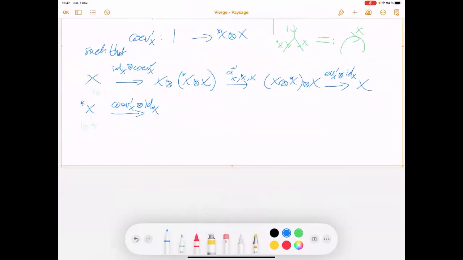So here, this is star x tensor x tensor star x. The associativity constraint, star x star x, like that, tensor x tensor star x, and identity of star x tensor evaluation prime x, and you have x star x.